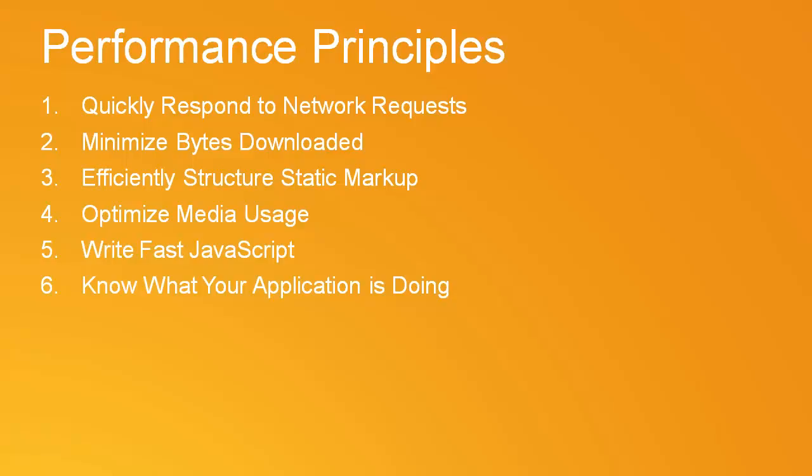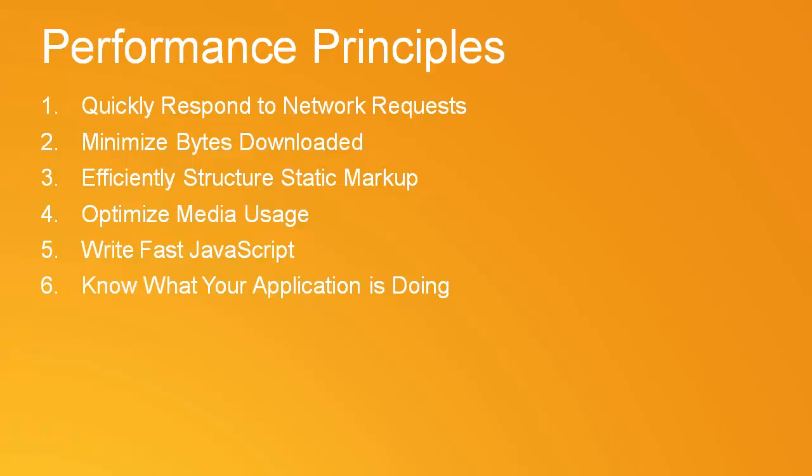The number one is quickly responding to network requests. We're going to see what kind of things we can do in order to minimize some of these requests. Also, we're going to look at minimizing the bytes downloaded, and we'll see some tricks that we can use to improve that. Also, efficiently structure your static markup, which means that the markup that you write is consciously done, simplified and well done.